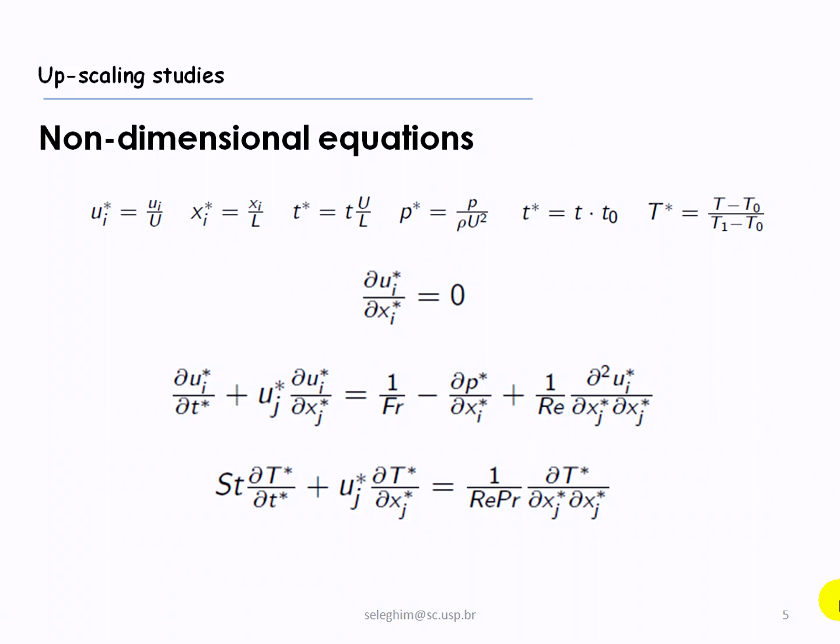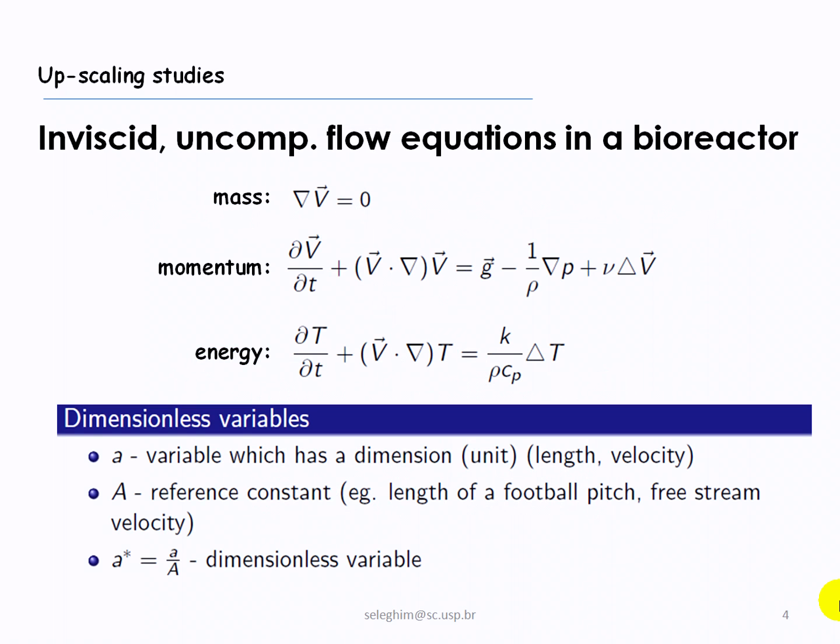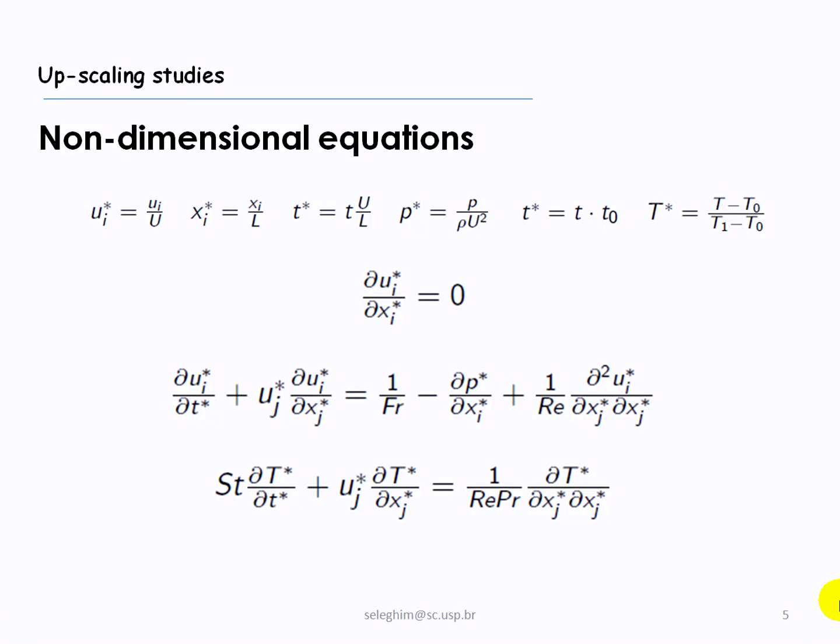If we elect capital U as a reference velocity, and we create this one, which is the corresponding non-dimensional version, and we replace that in all these equations, we're going to get these new equations here.